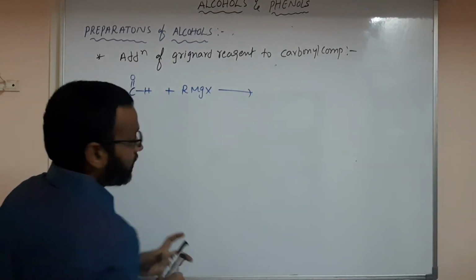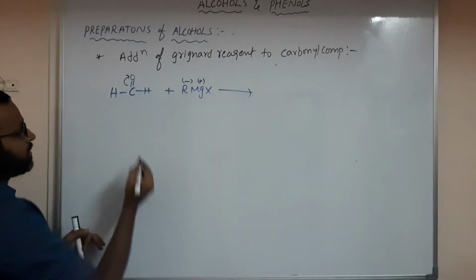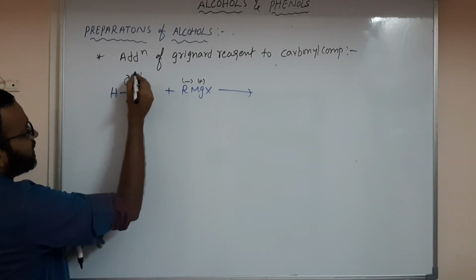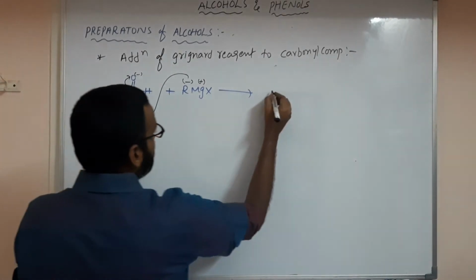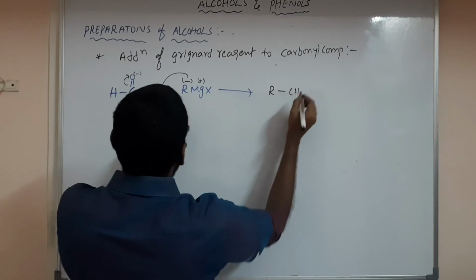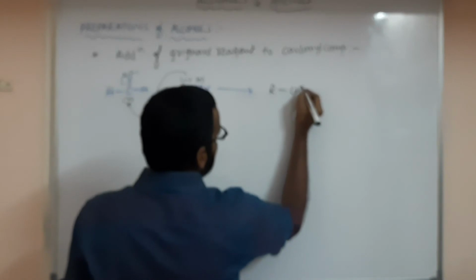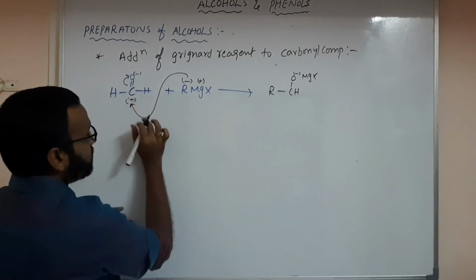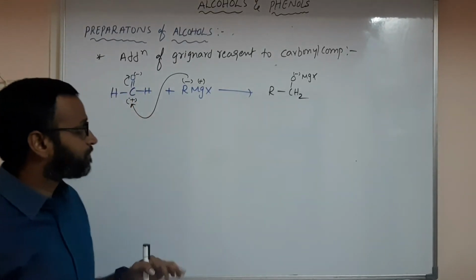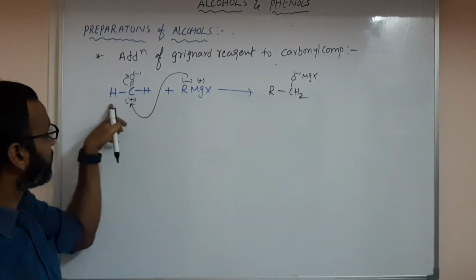Grignard reagent means R minus Mg plus. If this migrates over here, the carbon gets a positive charge and oxygen gets a minus charge, so this R minus will come over here and attach to the carbonyl carbon. CHO is the carbonyl group, so you get CH2, O minus, MgX plus, with R added there.